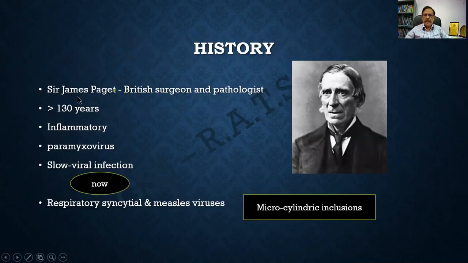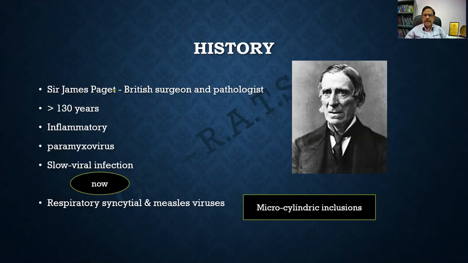It was first identified by Sir James Paget, a British surgeon and pathologist. More than 100 years back, that is nearly 130 years back, he suggested a viral etiology as a cause of the disease. And probably paramyxovirus was the causative agent.